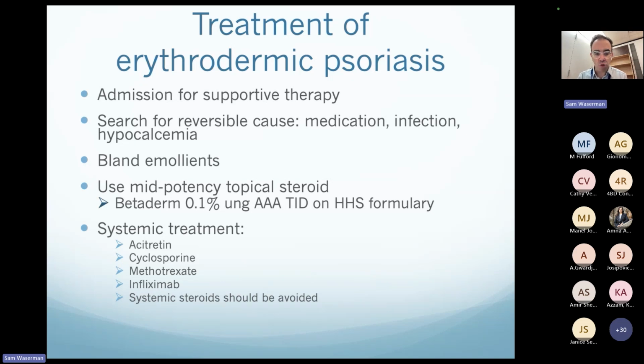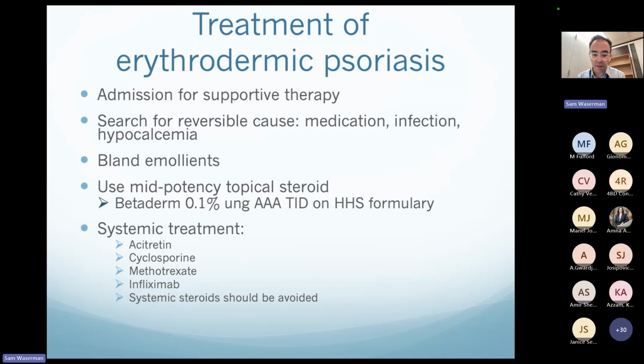In terms of systemic treatments, there's acitretin and cyclosporin are most commonly used. With cyclosporin, typically I like to start very high at 5 milligrams per kilogram per day. Infliximab as well. And again, systemic steroids should be avoided because of the risk of a rebound erythrodermic flare and exacerbation of the disease.